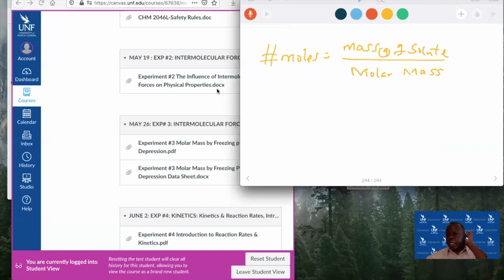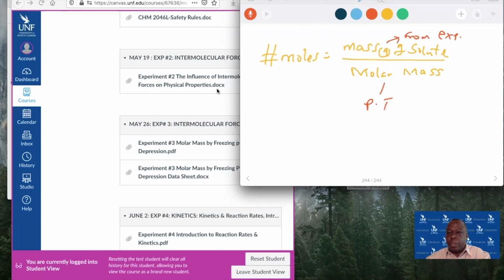So you need to find out what the chemical formula is for your solute. And then from the procedure, what the direction called for, how much do you need to weigh out of your solute? I think there are 2 trials. One is 0.4, the other one is 0.3, we'll see later. Then for this one, you can use the periodic table.